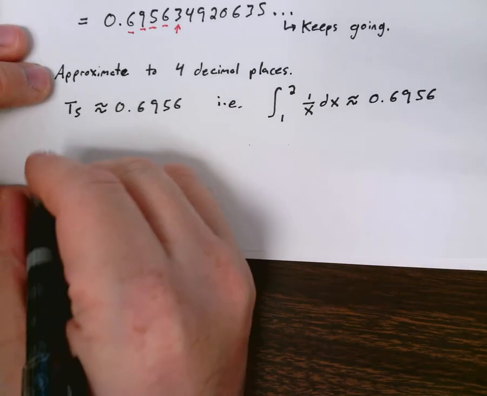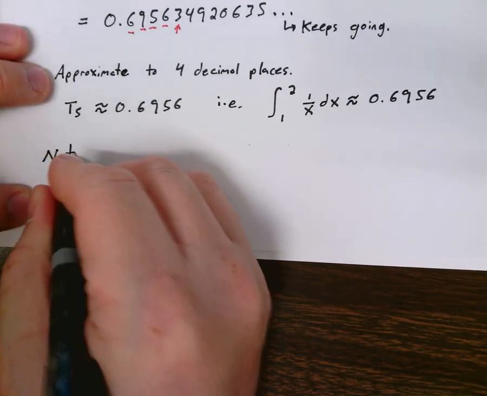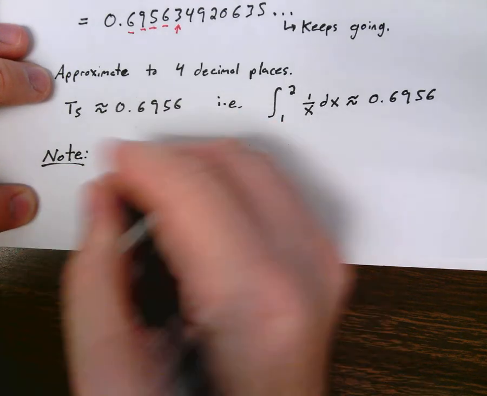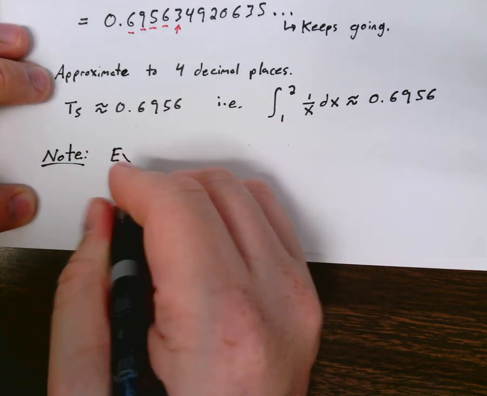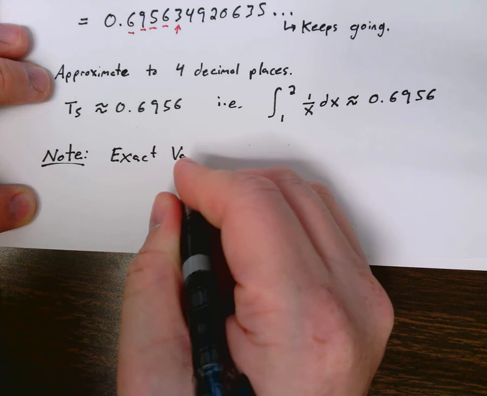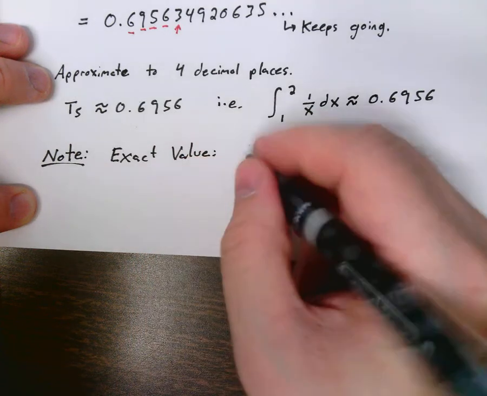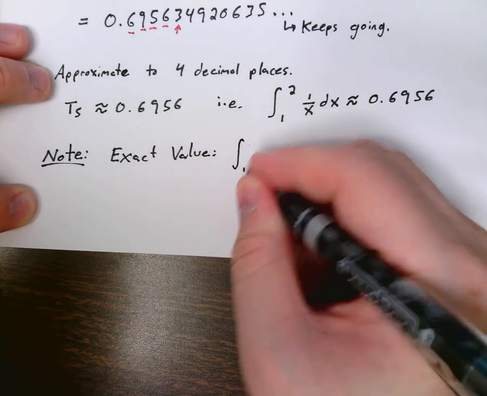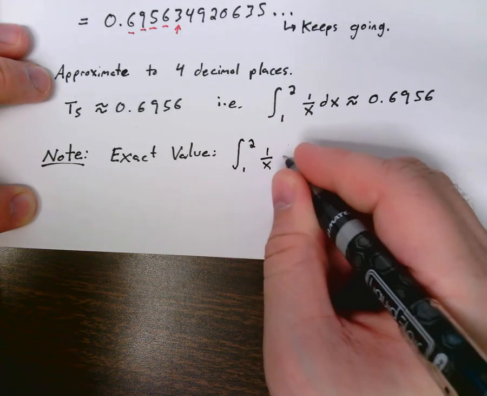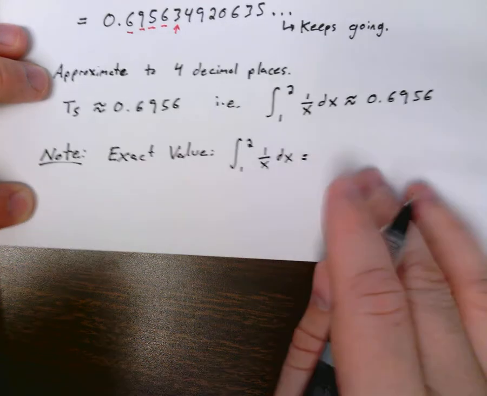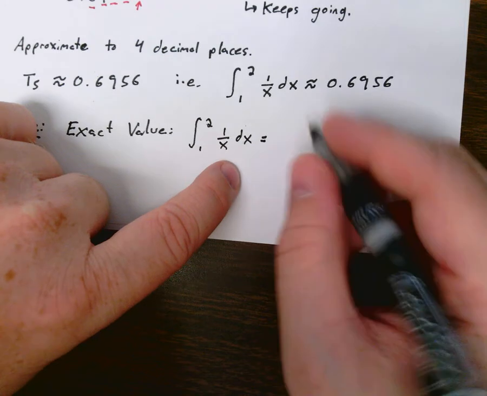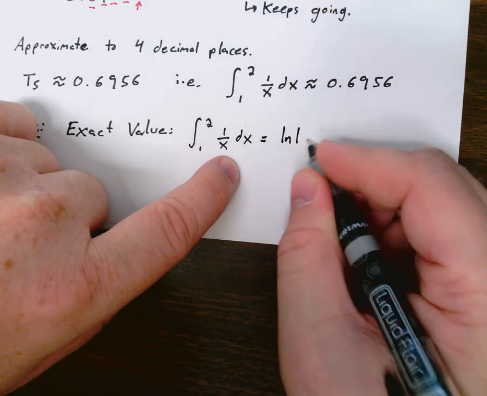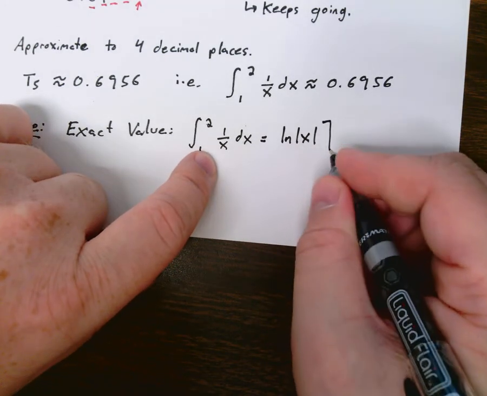Alright. Now, what's neat about this is that we can actually figure this out exactly. So note, the exact value is going to be the integral from 1 to 2 of 1 over x dx. Okay, the antiderivative of 1 over x is just the natural log of the absolute value of x, and I'm going to go from 1 to 2.